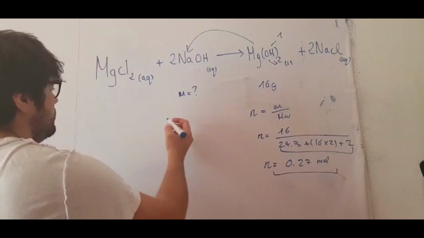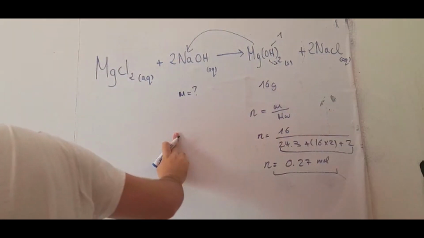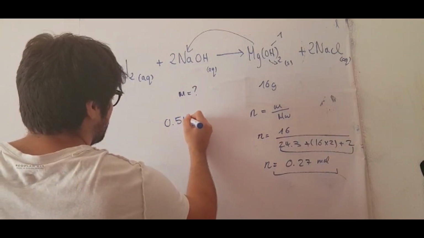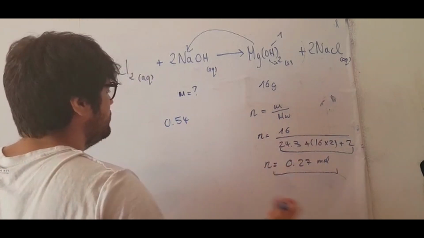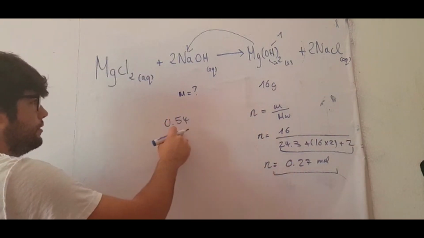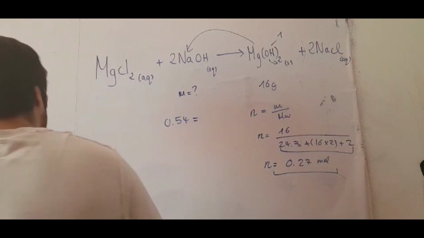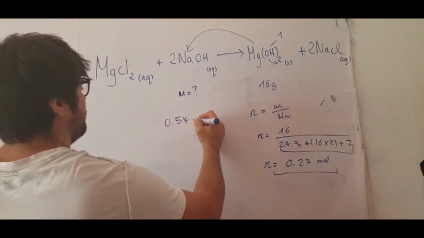So here we will have 0.54. Why? Because 0.27 times 2 is 0.54. Okay, so this is the amount of moles we have here.